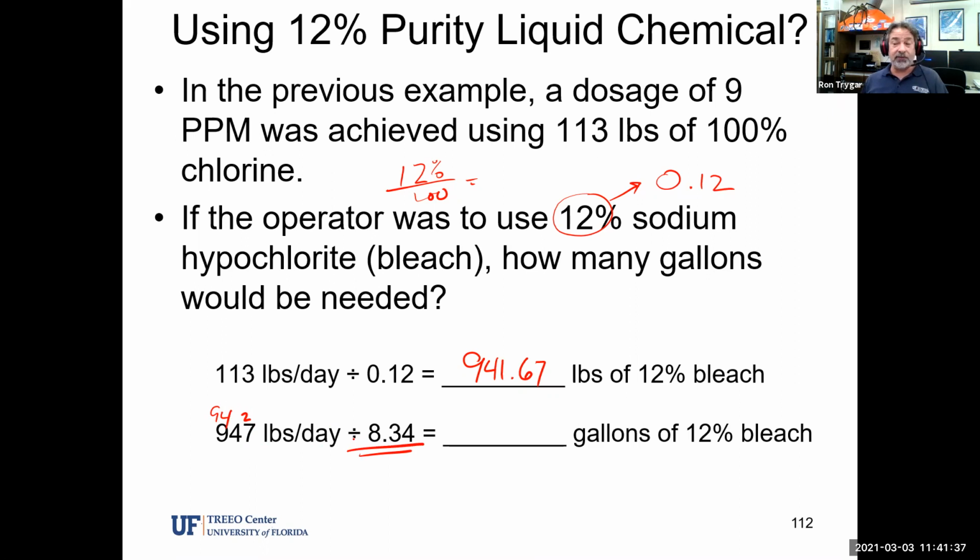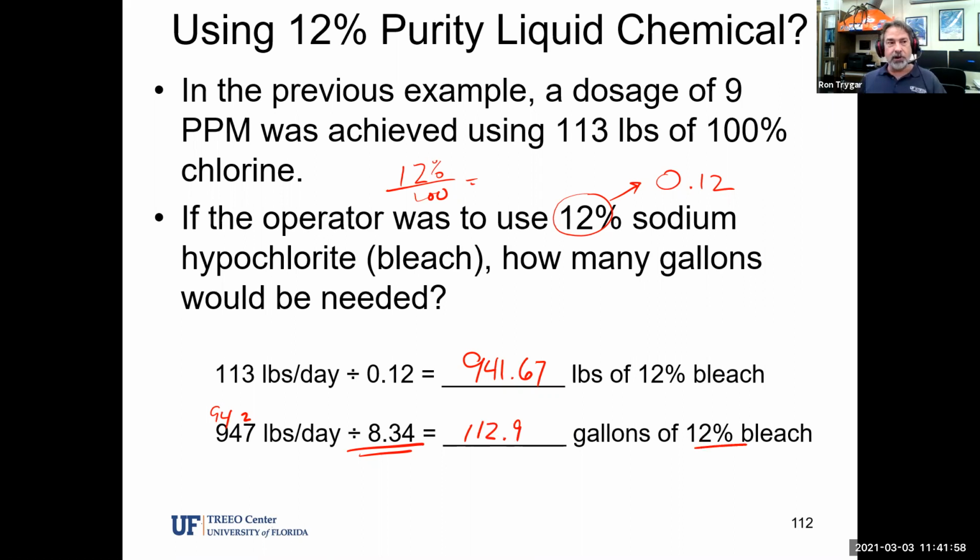We're using 8.34 because we don't know the actual weight of the liquid bleach, so we're just using 8.34. So 942 divided by 8.34, and I came up with 112.9 gallons of 12% bleach.